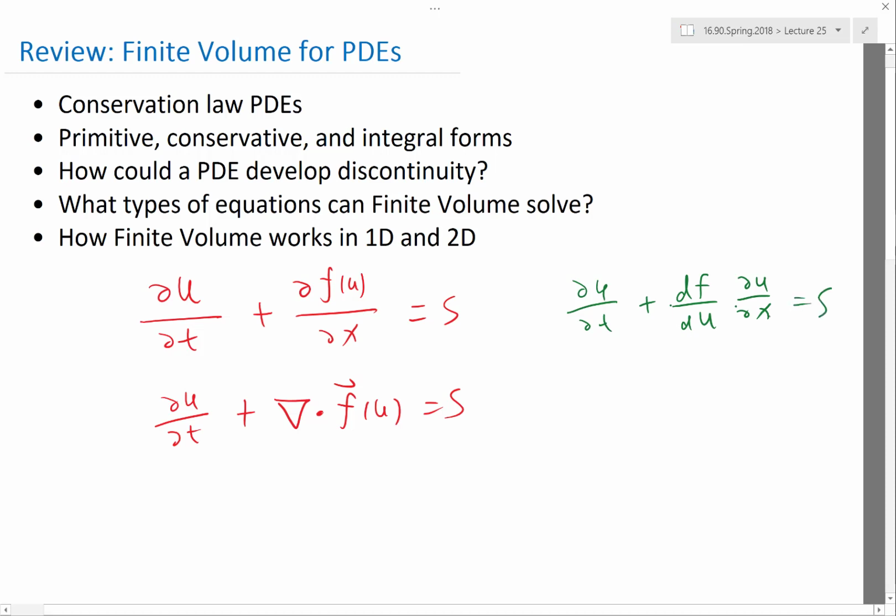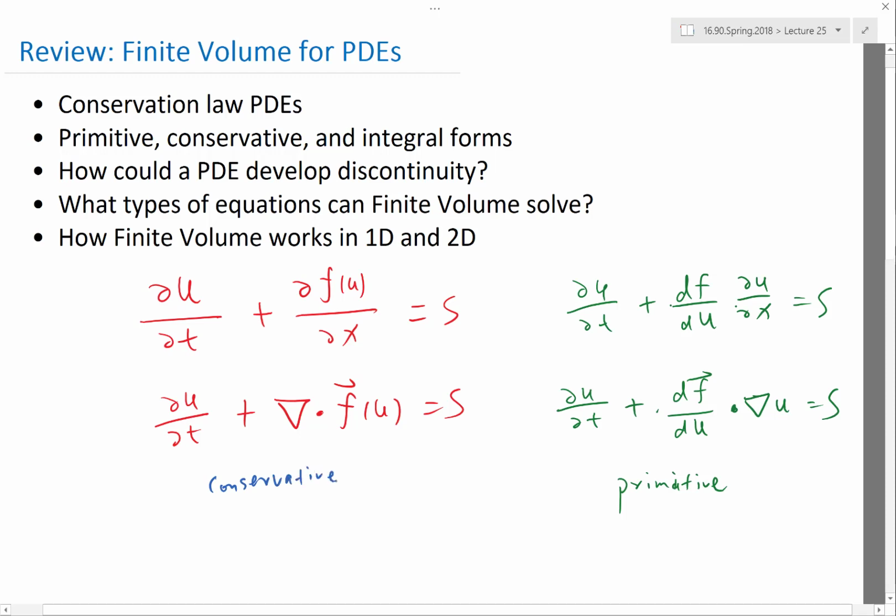So that's basically taking the chain rule. And in the two-dimensional case, we have df du, which is a vector, dotted with the gradient of u equal to s. So this is the primitive form, and this is the conservative form.